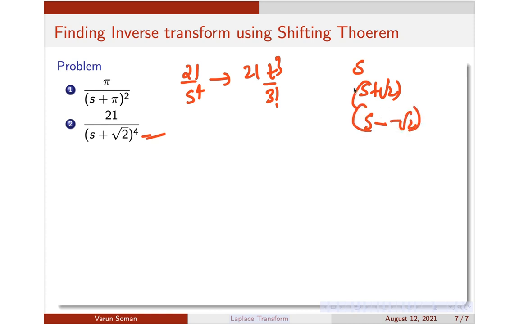That means the inverse transform of this function would be 21 into t cube by 3 factorial into e raised to minus root 2 t. Okay, I hope it is clear. Please look at the shifting theorem, try to understand what is meant by these steps, and please complete it also. Once you do 2 or 3 problems, you can easily identify the inverse transforms.